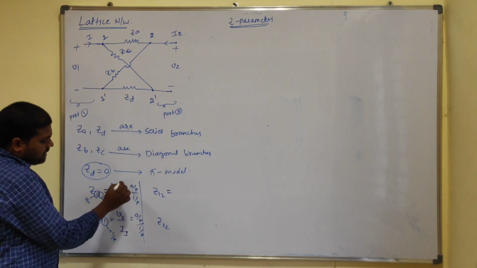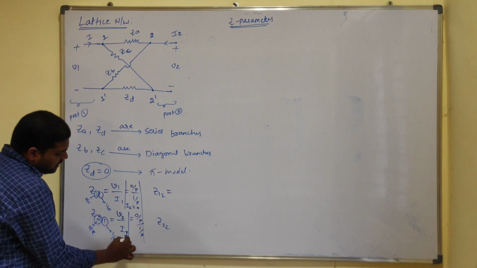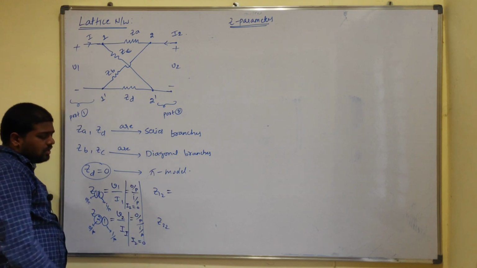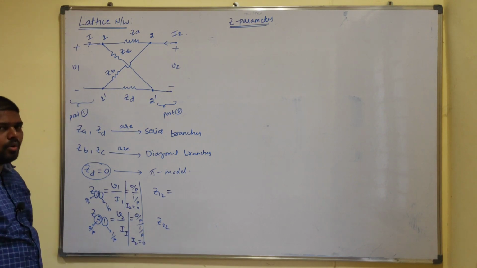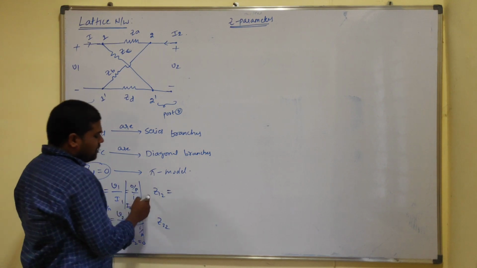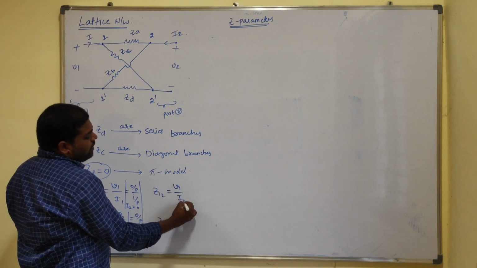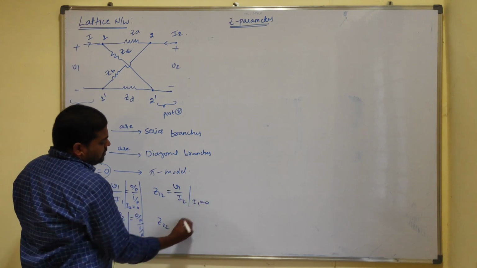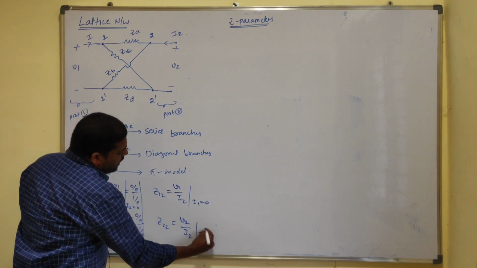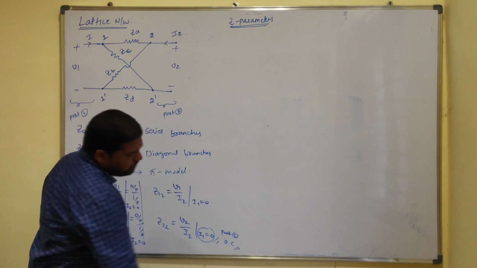V1 by I1 and V2 by I1 are applicable only when I2 equals 0. I2 equals 0 means port 2 acts as an open circuit. In the same way, V1 by I2 and V2 by I2 apply only when I1 equals 0, which means port 1 acts as an open circuit.